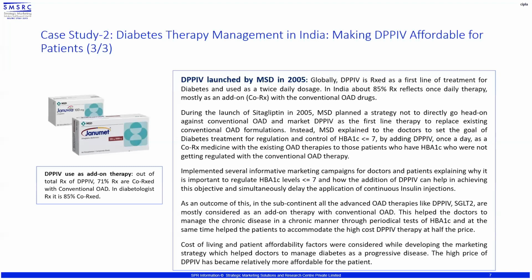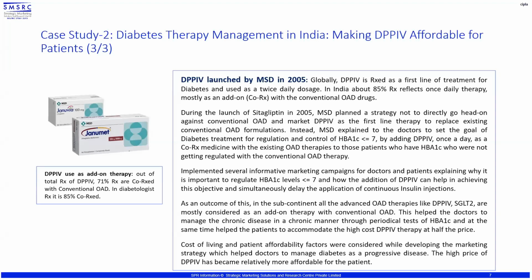And secondly, this is likely to benefit the patient by delaying the insulin pricks. So one was fear of getting insulin if we don't add DPP-4, and the other was to maintain the HbA1c level less than or equal to 7.